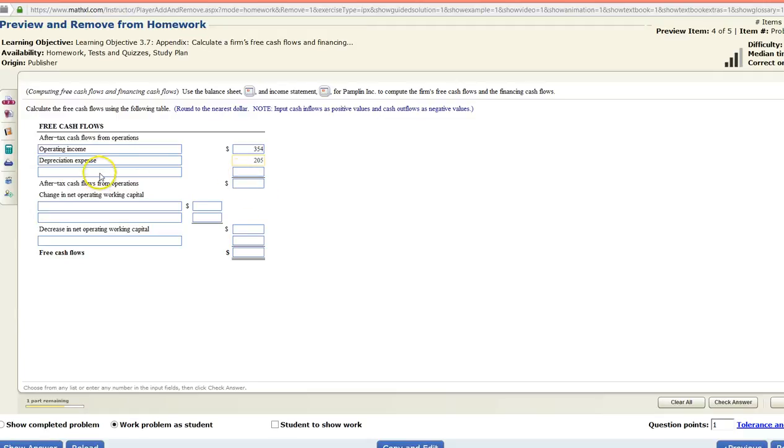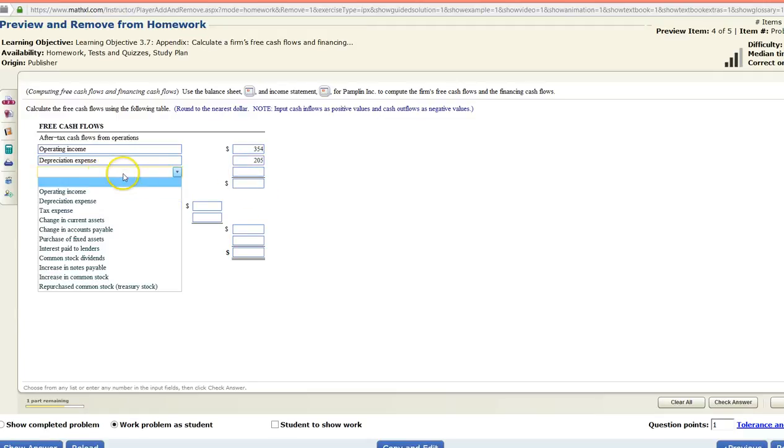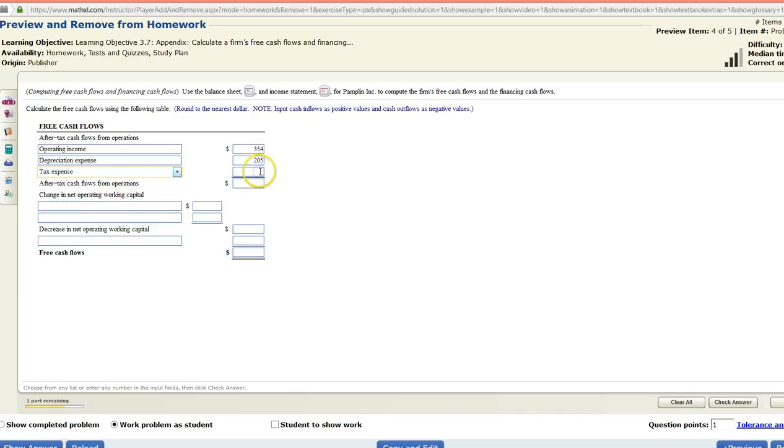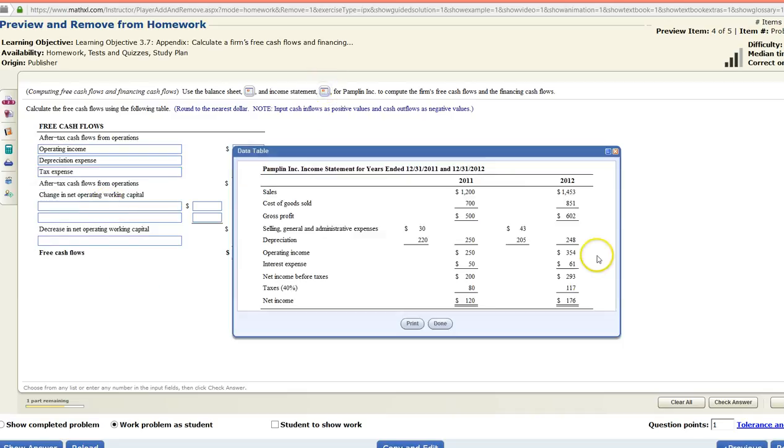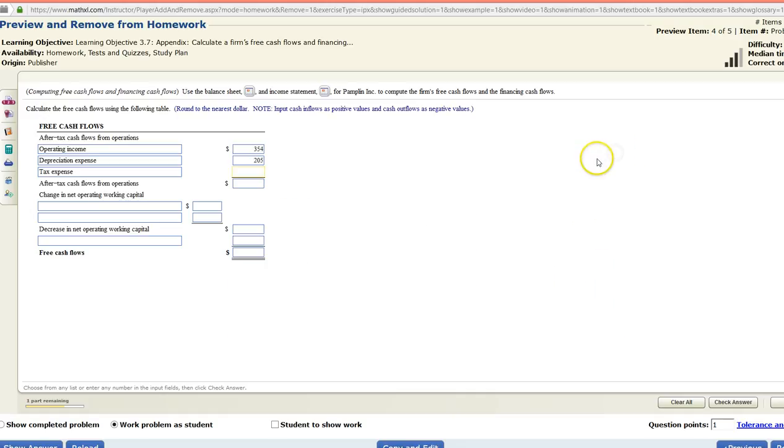So it's positive. And then finally, tax expense. Obviously that needs to be a negative number. So tax is 117. Don't forget about the negative sign. After-tax cash flow from operations is simply the sum of these 3 here.